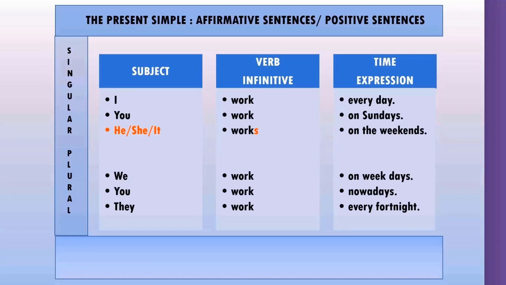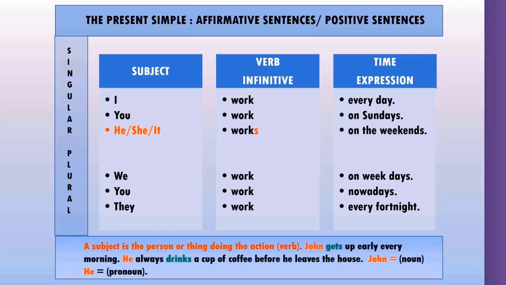So I've got some more examples for you here. A subject is the person or thing doing the action, the verb, okay? John gets up early every morning. Okay, so John is the subject. Gets is the verb. He gets up early every morning. Routine. And then in the next sentence, he always drinks a cup of coffee before he leaves the house.